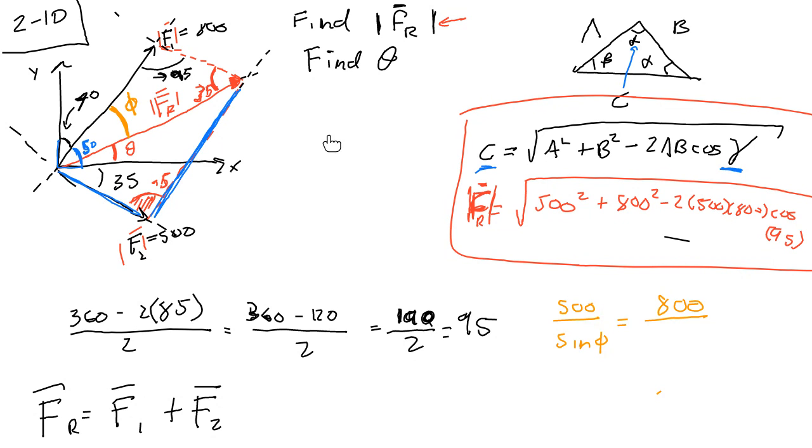Actually, better yet, I don't think we know that side, and I don't think that's 35. Better yet, we can just use this side. No, it's 95. So instead of using that, we can just use the resultant force and 95. That looks better, because we would have solved for the resultant force first.